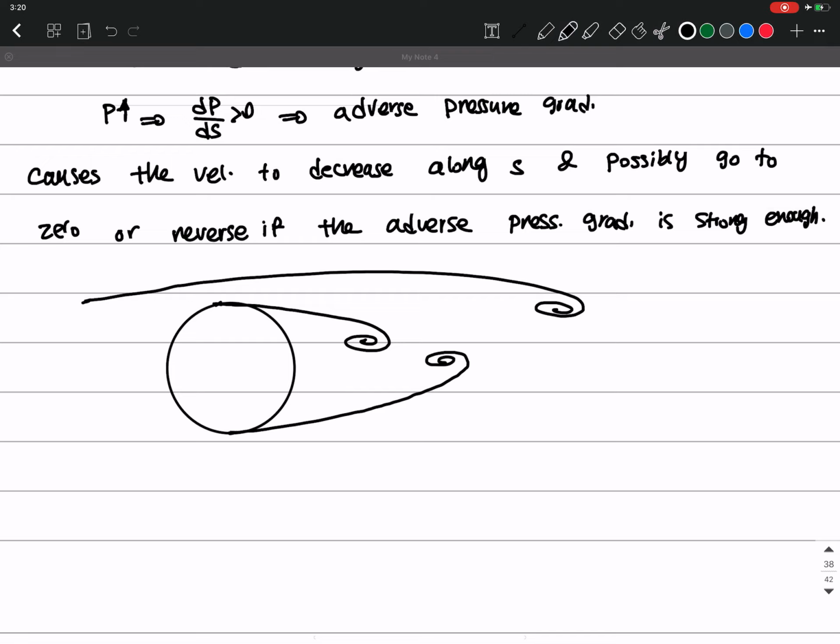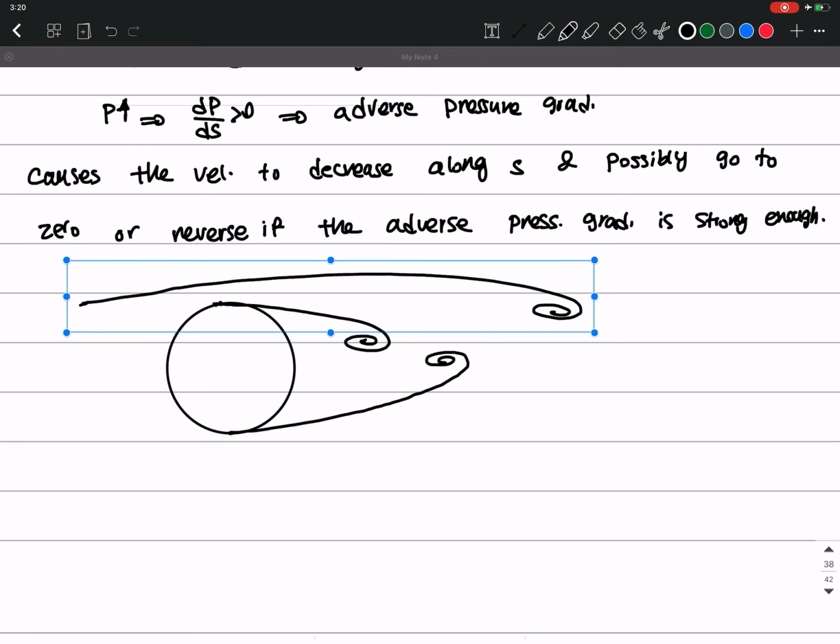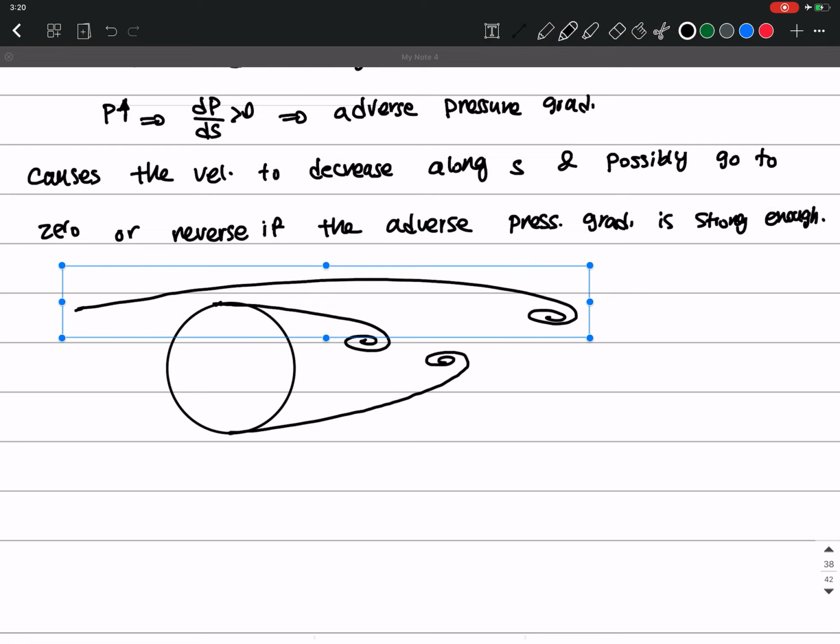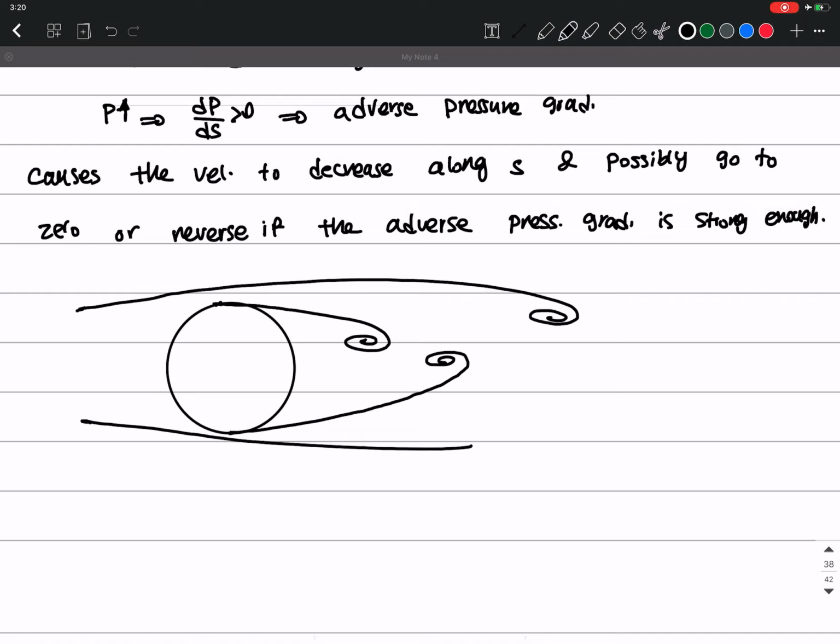So a little bit further from that, you may have another vortex that will occur here. And this is necessary to make the whole circulation zero in the system. And then another vortex that will be formed somewhere like here.